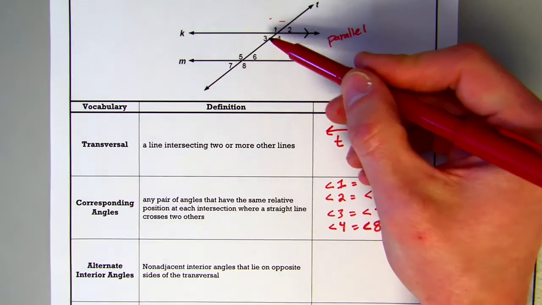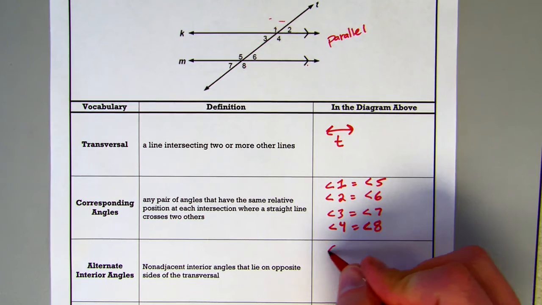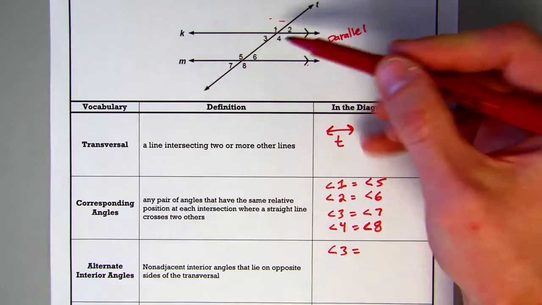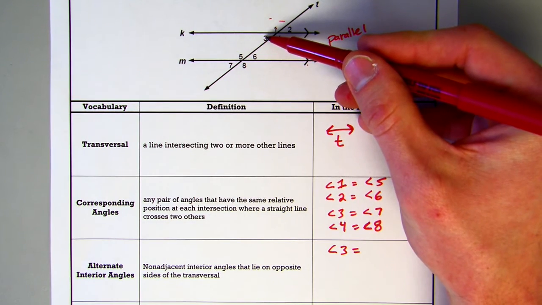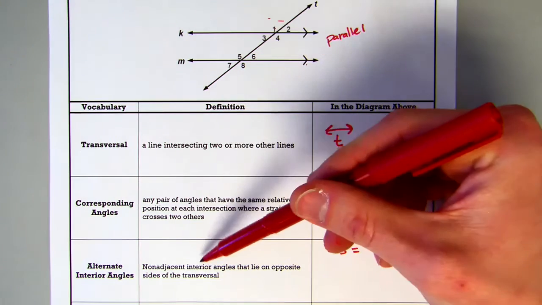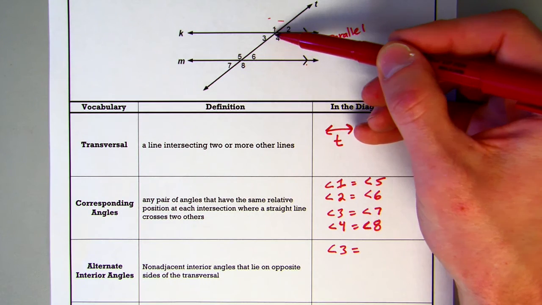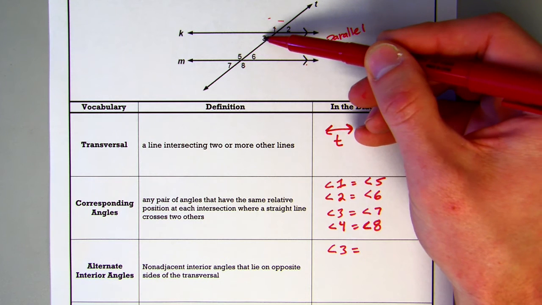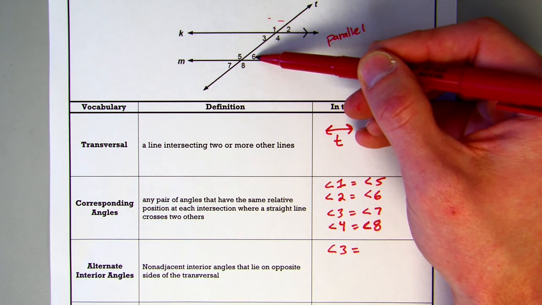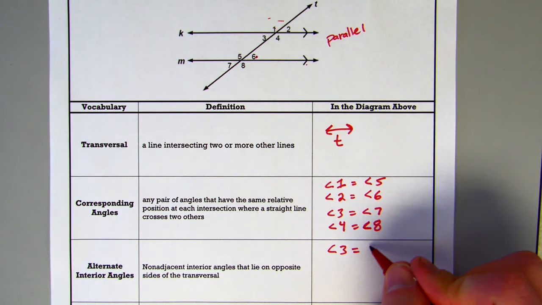So the first interior angle we'll look at is angle 3. If you compare it to the non-adjacent interior, so it's the other interior one, but non-adjacent, so it's not next to it. Angle 4 is next to angle 3, angle 5 is next to angle 3. Remember, it is the non-adjacent, which means angle 6 would be the non-adjacent.